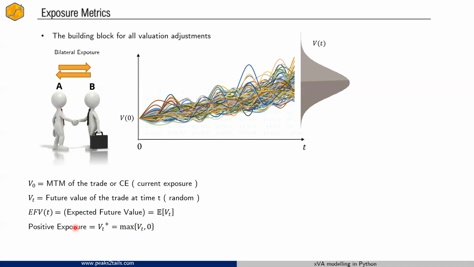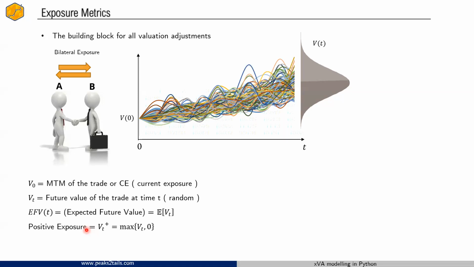And the inspiration behind this is that you, as a bank, have counterparty credit risk only if the counterparty owes you money. If you are losing, then you don't have an exposure; the counterparty has an exposure.